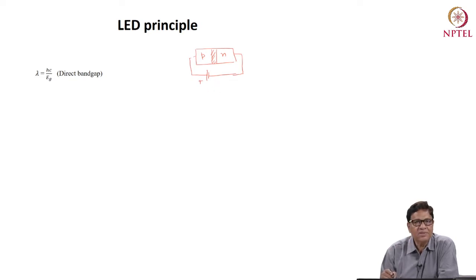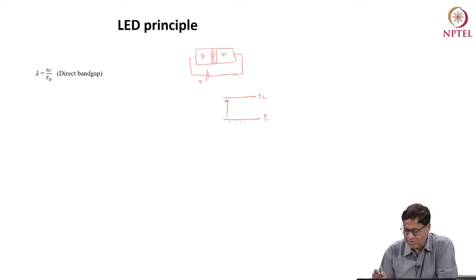Some of the electrons from the lower state go to the higher state, and from that state they fall onto the lower state and they release energy, and this energy is in the form of photons. So this is your lower energy level, this is your high energy, let's say E1, this is E2. So some of the electrons which are here will go up when the current is supplied to the device by giving this forward bias, and these electrons come to the higher level and then they fall down.